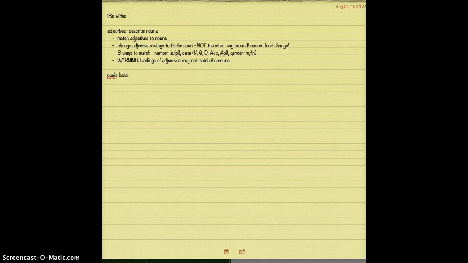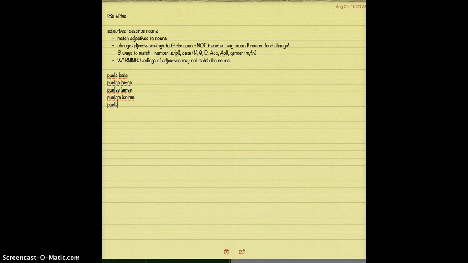Okay, so you see how it matches in number, case, and gender, but in this case it also matches an ending. Puellae, laetae, following the first declension endings. Puellae again, laetae, puellam, laetam.